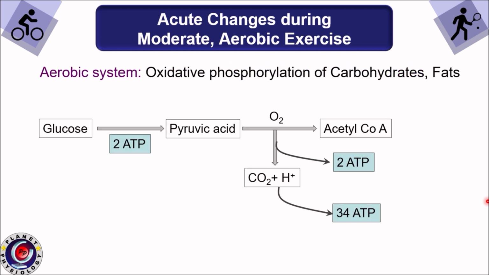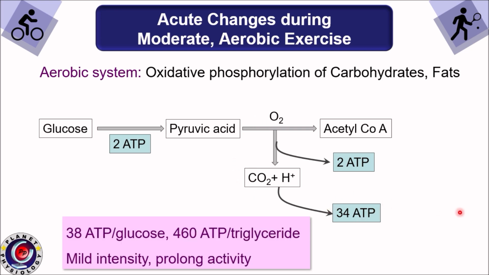In case of any prolonged activity, there should be continuous supply of ATP, and it is possible only by oxidative phosphorylation of foodstuffs. So this system is called the aerobic system. The main substrates utilized during oxidative phosphorylation are carbohydrates and fats. Glucose will be broken down to pyruvic acid, and pyruvic acid in presence of oxygen will enter the Krebs cycle to produce ATP.